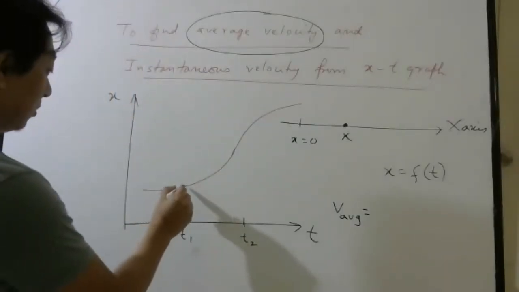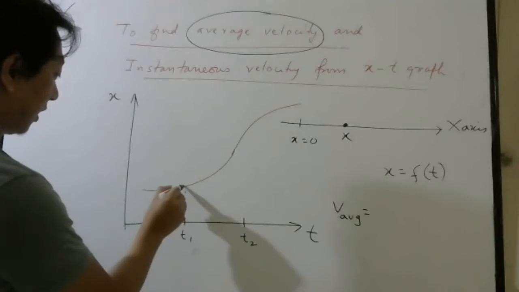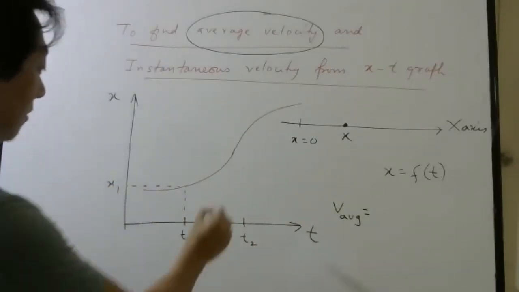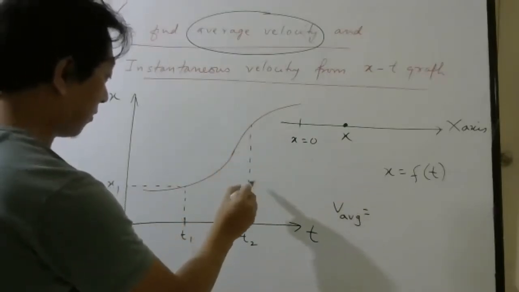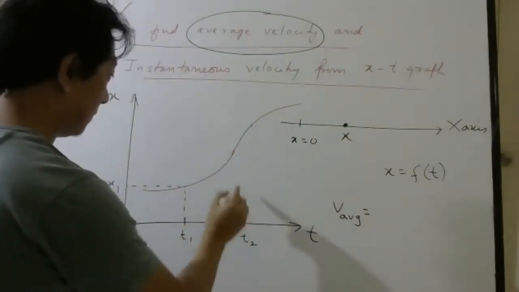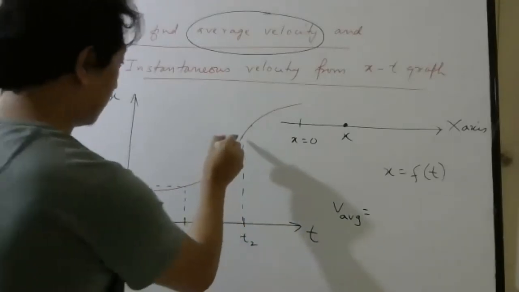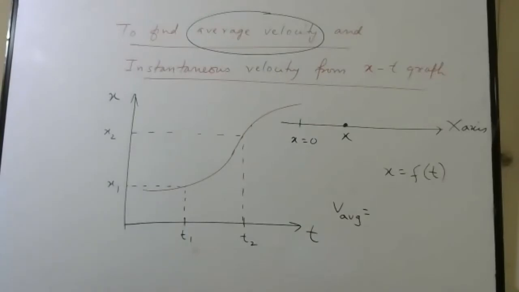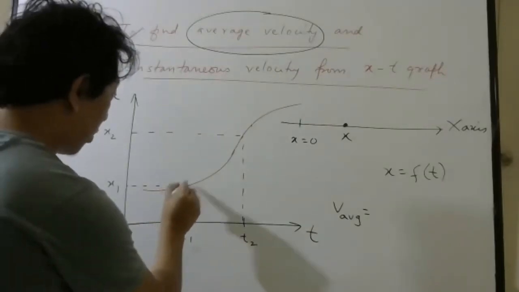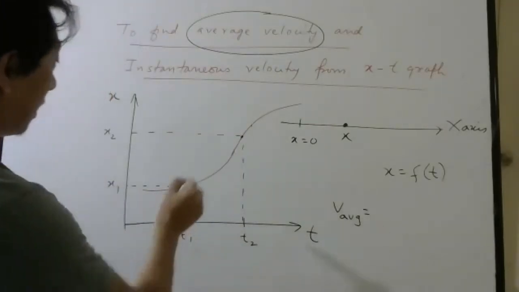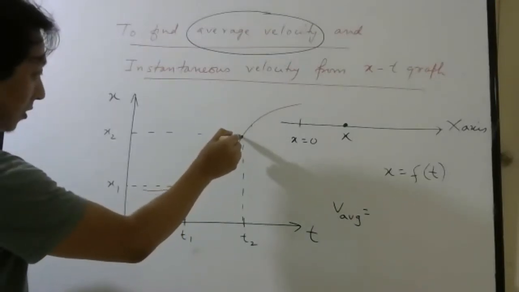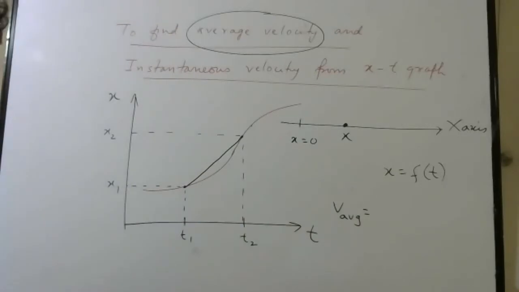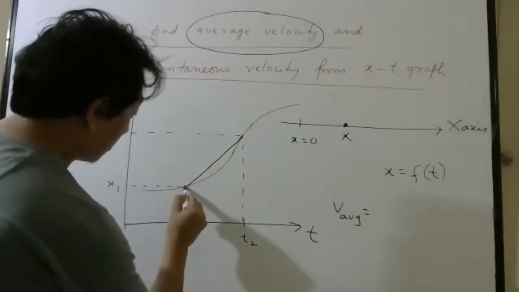Then what you need to do: first find the position coordinate at T1, that is your x1. Then find the x coordinate from the graph, this is your x2. Once you mark those points, draw a straight line joining those 2 points.